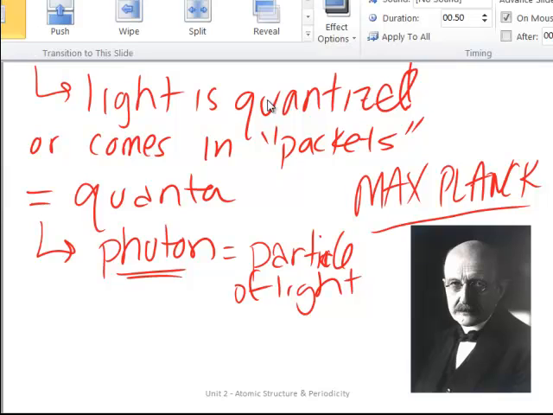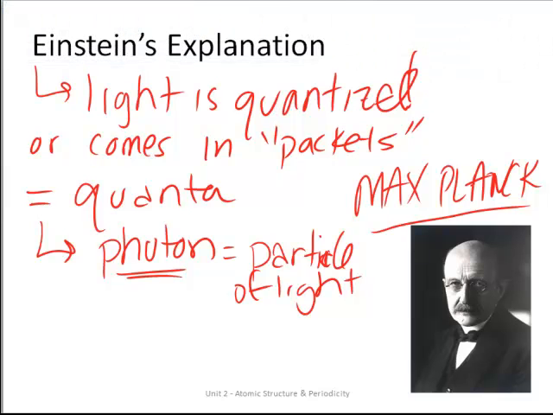He additionally utilized a constant that Max Planck was using to describe the quantization of energy, to describe the energy of light. And so what Einstein did was create this equation to calculate the energy of photons.